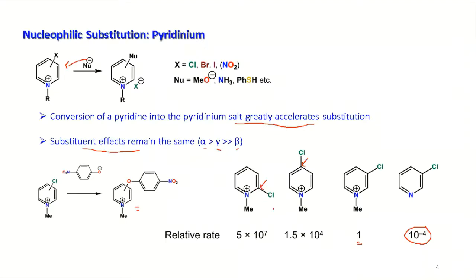That's why the reaction will be more facile, happening faster at the alpha position over the gamma position. And beta is always, overall, not preferred. So the beta will always have the lower rate of reaction. So this is the situation for pyridinium substitution reactions.